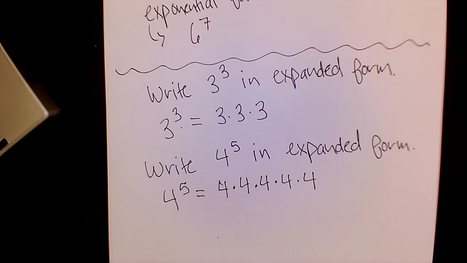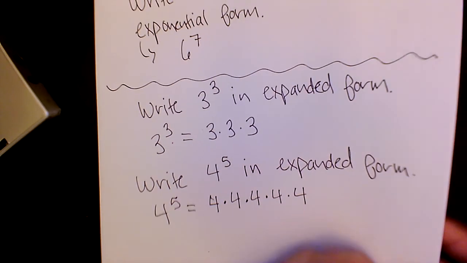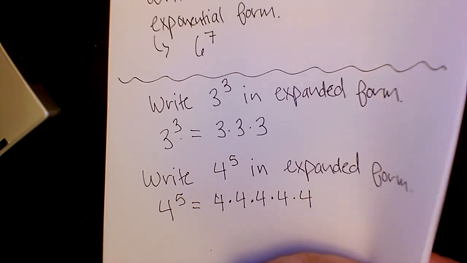And the last thing they talk about in section 2.1, there really is a lot in here, is PEMDAS. Does anybody remember PEMDAS? Well, what it means and what it stands for.